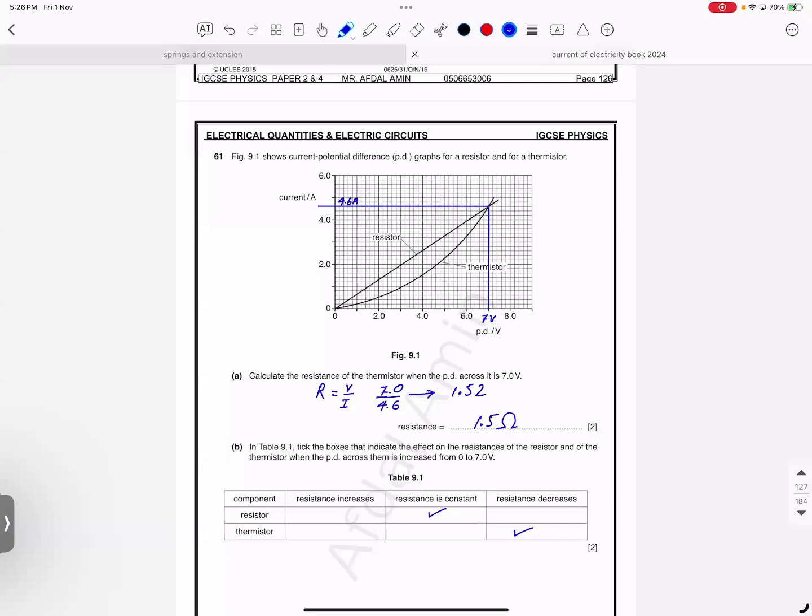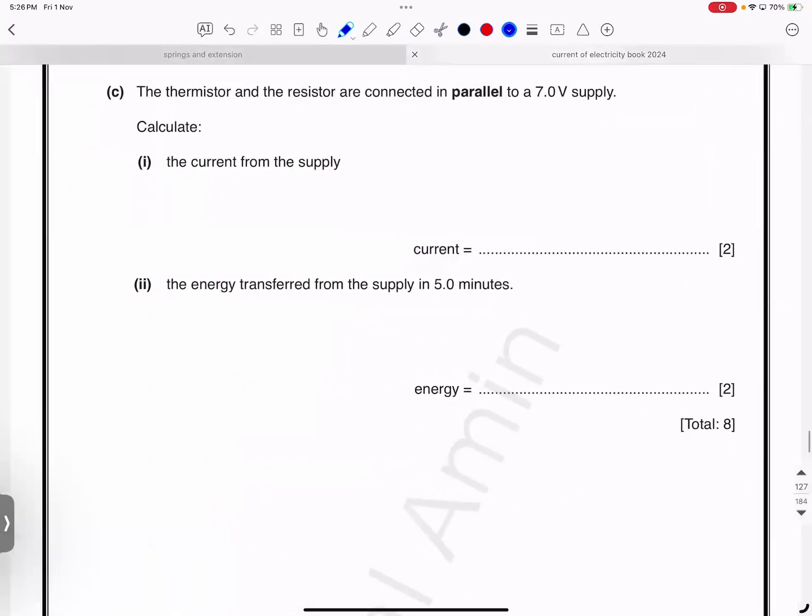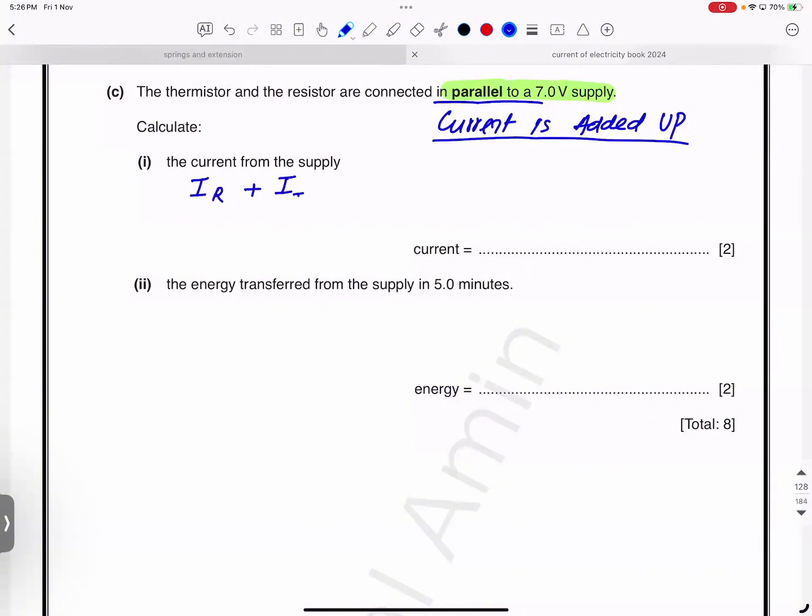Next question. The thermistor and resistor are connected in parallel. Find the current. In parallel, the current is added up. Individual currents, you add up current of resistor plus current of thermistor.